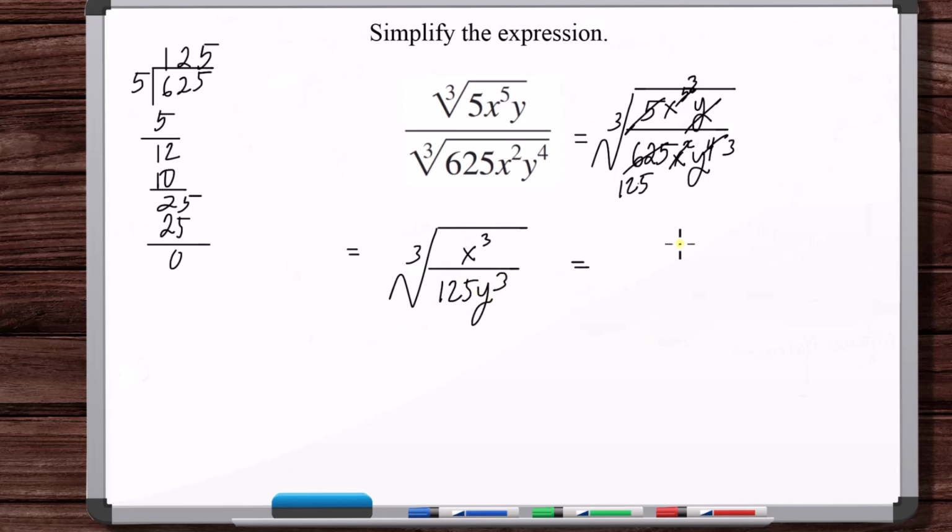So now we can go back the other direction and do this. Well, 125 we know is 5 cubed. Okay, so we've got x over 5y.